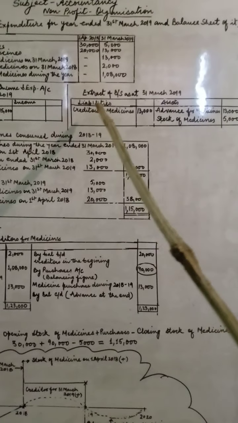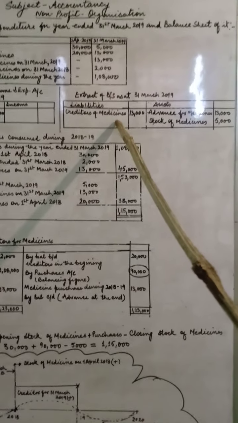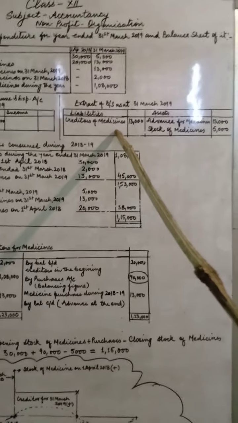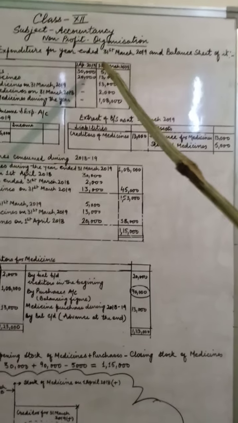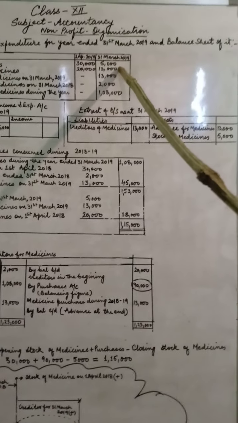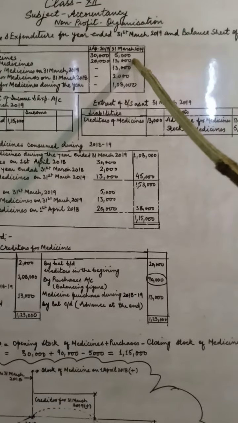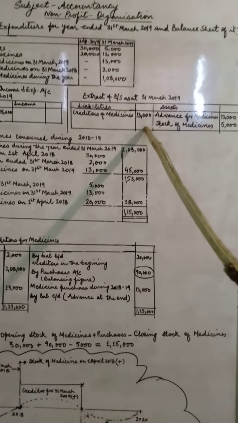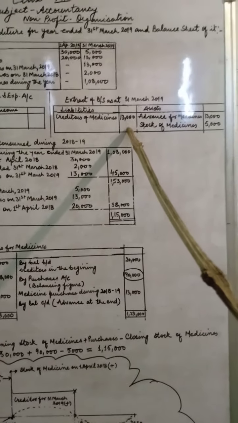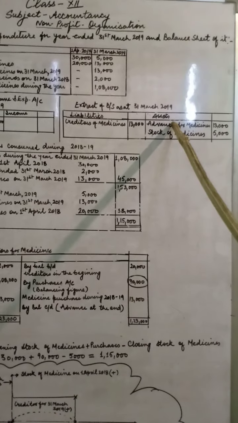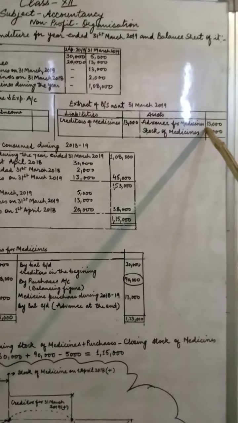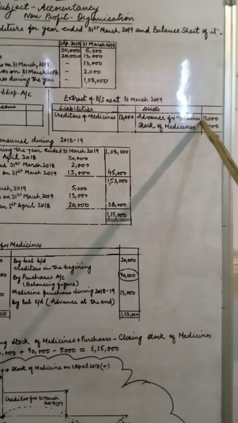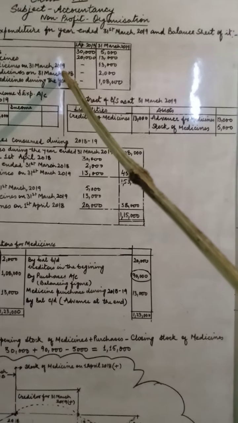See, the creditors for the medicines. Now creditors for the medicines will be the liability of 2019. The creditor for the medicine will come to the liability side. And also the advance for medicines of 2019.